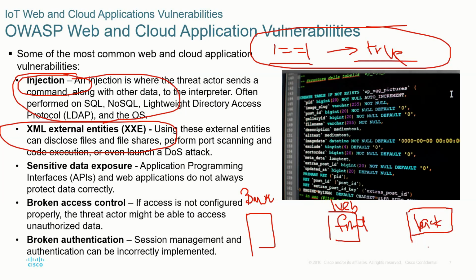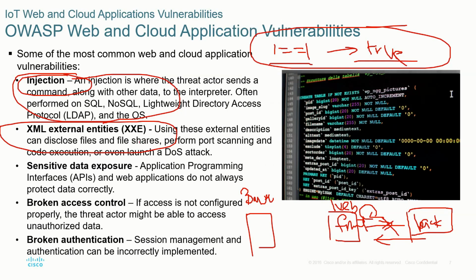The logic of truth doesn't happen here. If there is a true, the authentication doesn't let it go through. The truth must come from here and not from here. Okay, so that's what I'm trying to tell you about this injection thing.